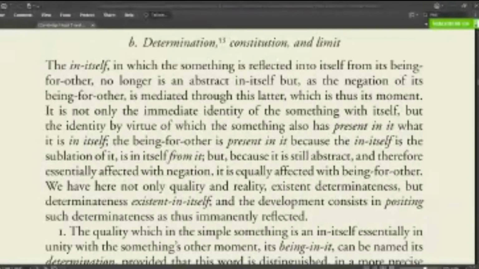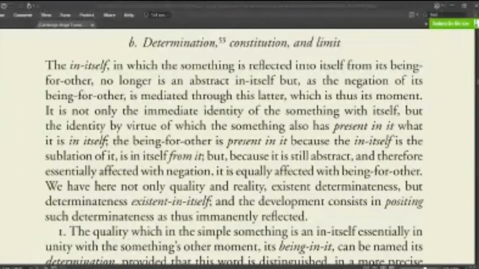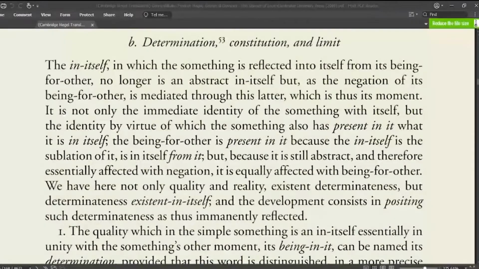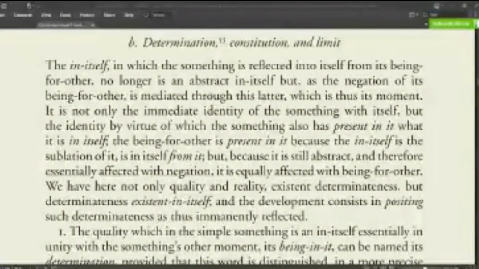You will always have the ignorant and unknowledgeable, unthinking commenters on Hegel. They will be there forever, but you won't always have me. Because being honest, this section is one of the clearest in this book.